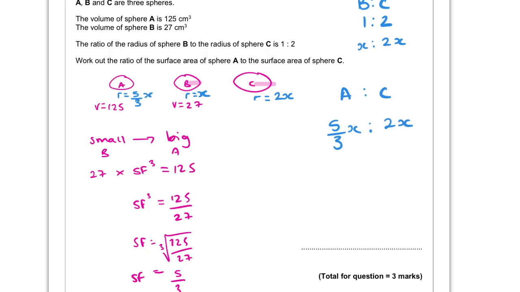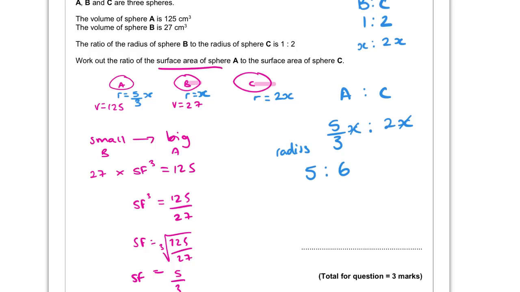C is 2x, right? We don't care about the x's. So the ratio of A to C is 5, and then if I multiply both sides by 3, it's 5 to 6, yeah? Okay, but this is the ratio of the radius. Okay, it's 5 to 6.